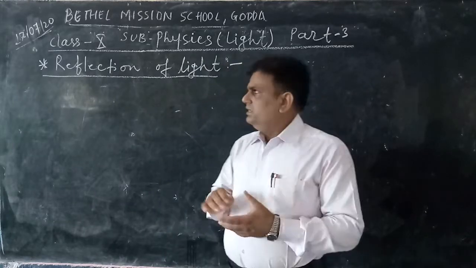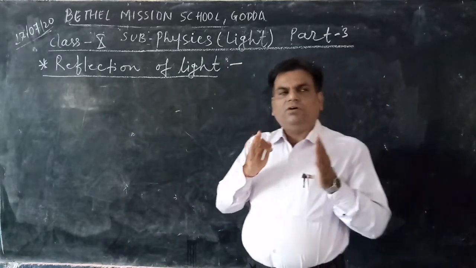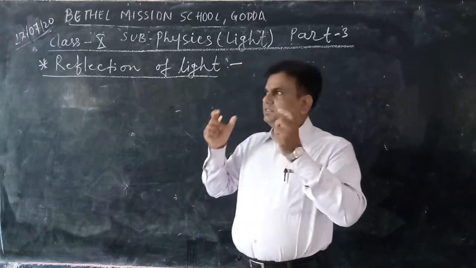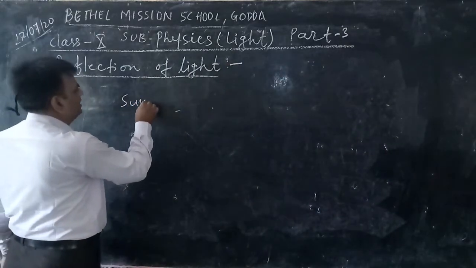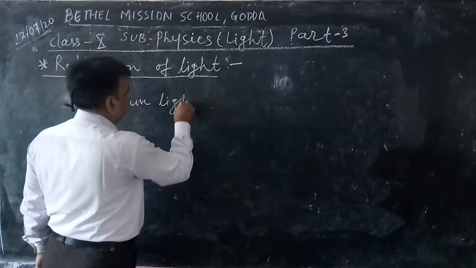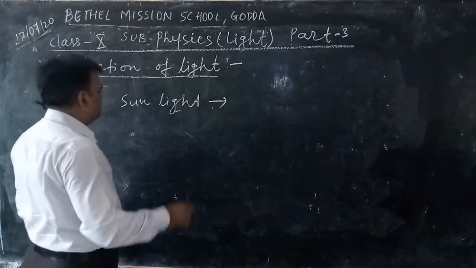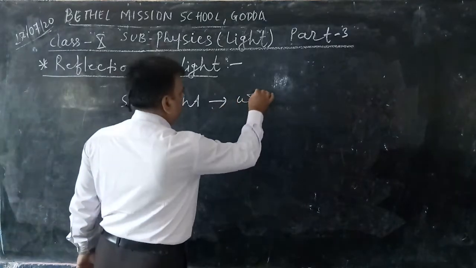As you know, when we talk about light, it means sunlight, and sunlight is white light. What is the color of the sunlight? It is white.